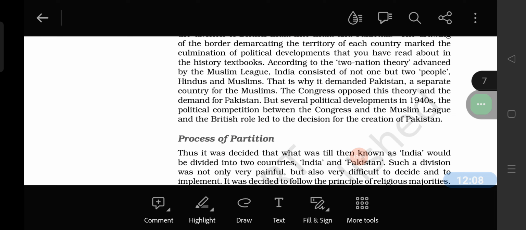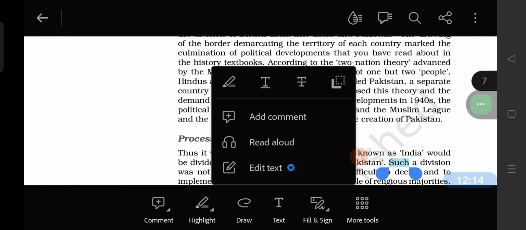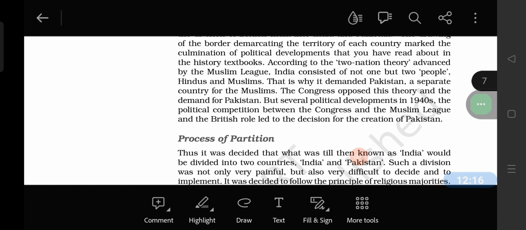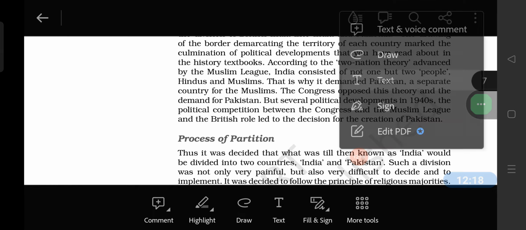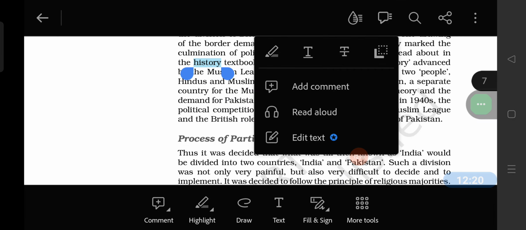That is why it demanded Pakistan, a separate country for Muslims. So that is the two nation theory.